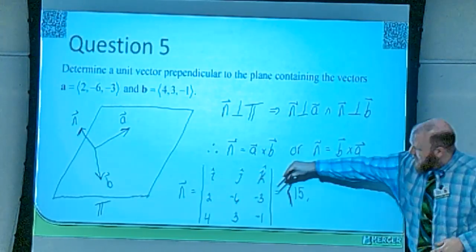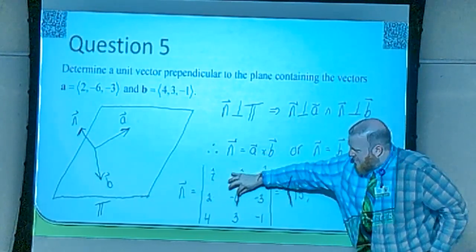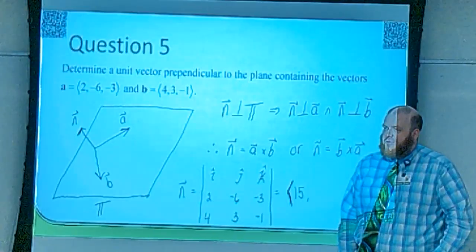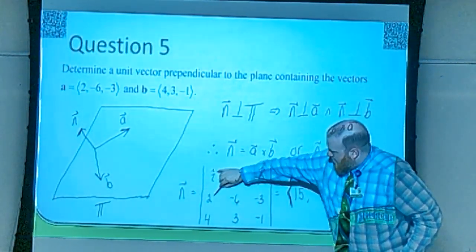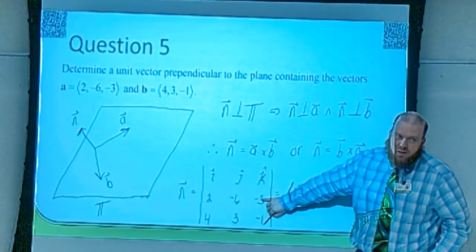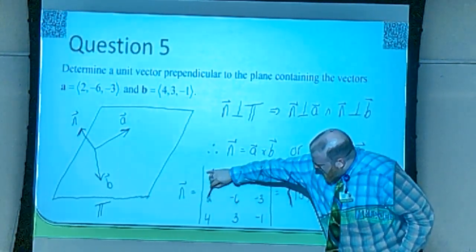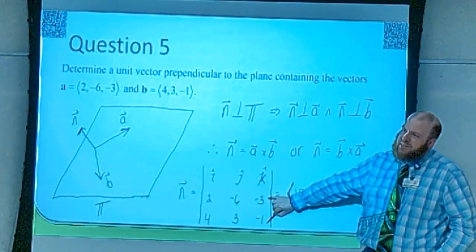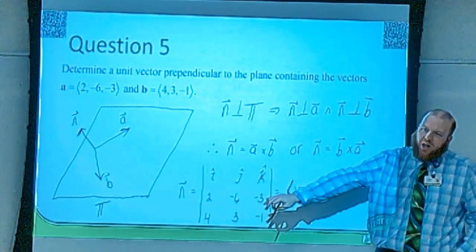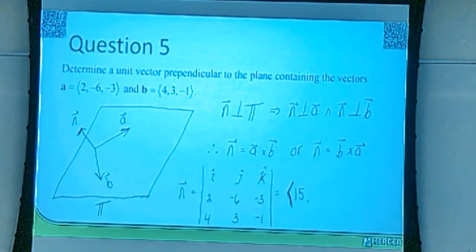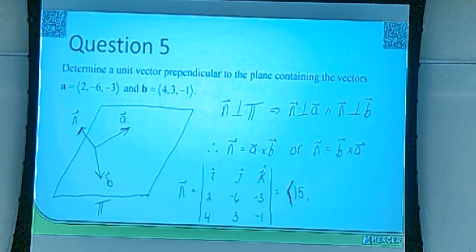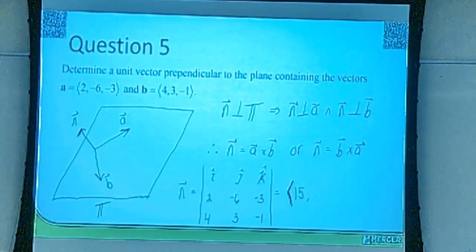Instead of going this way, because it's negative, I go this way and keep it positive. So -3 times 4 is -12. 2 times -1 is -2. -12 minus -2 is -10.